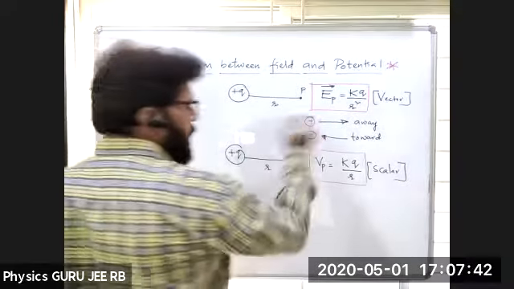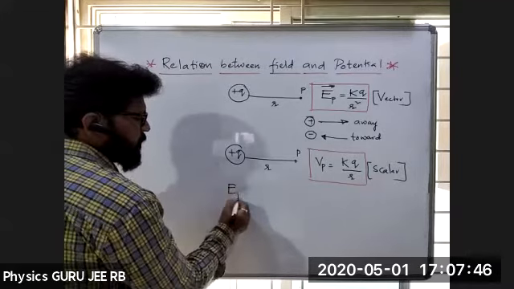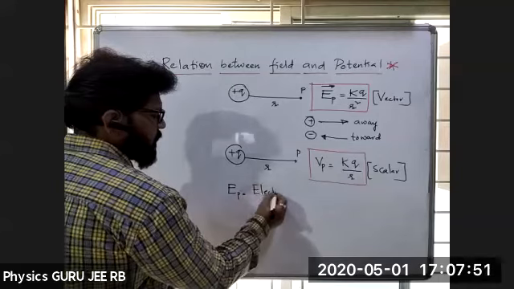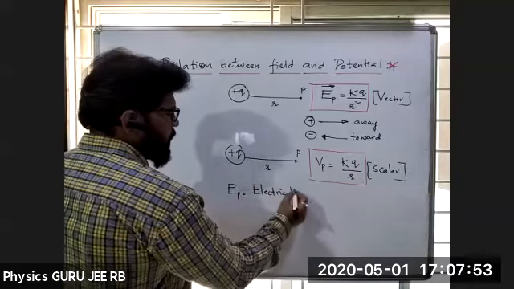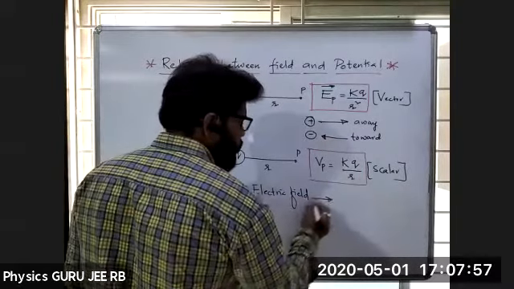If electric field, now if I take EP is equal to, this is nothing but electric field intensity, electric field, two cases. क्या क्या है two cases? Let me know.